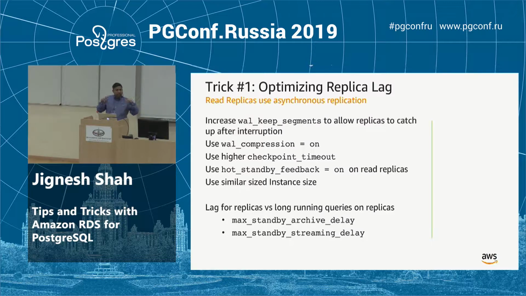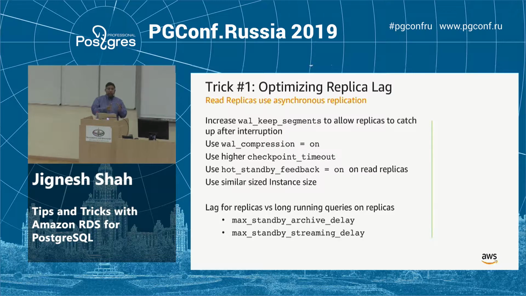Before that, there are quick things you can do. One is you bump up wal keep segments. By bumping it up, if the replica is not catching up, say it had a glitch, then when it starts again, it will find all the logs still there on the primary instance, and start streaming and catch up quickly.